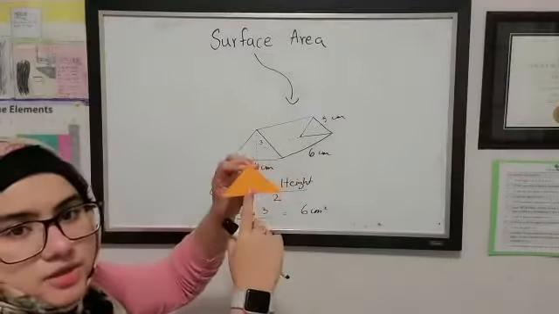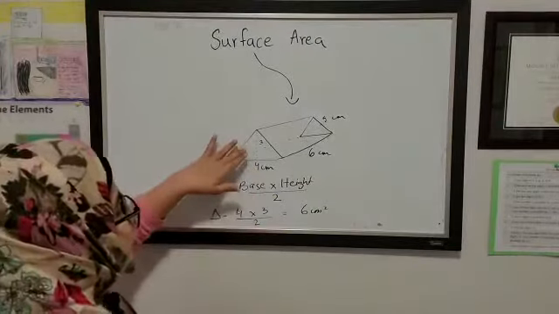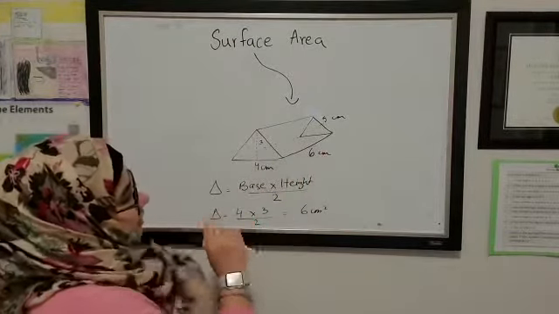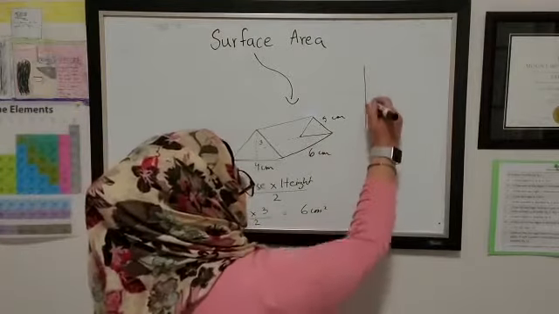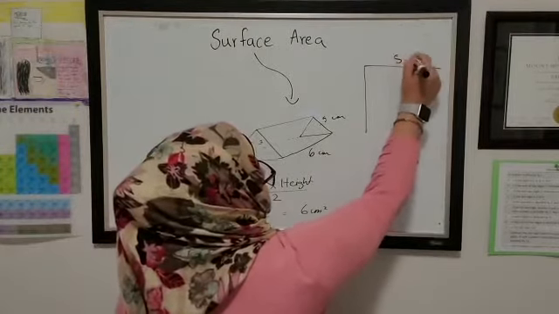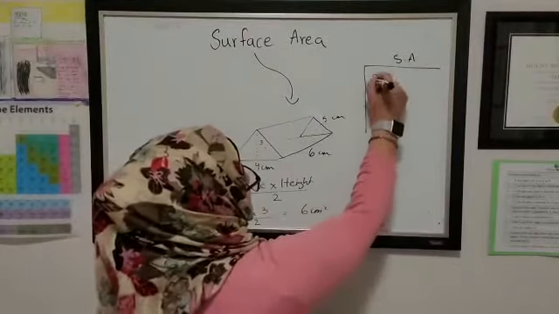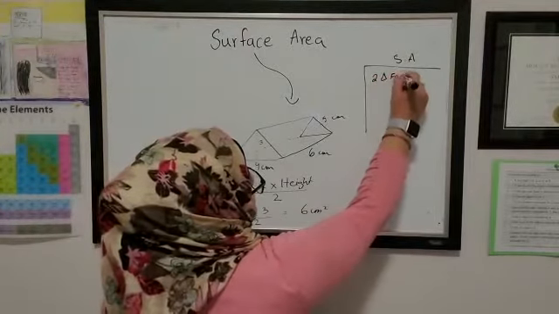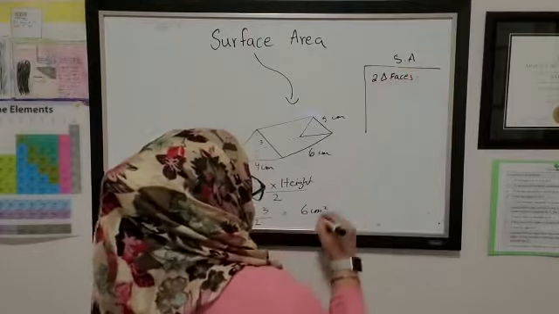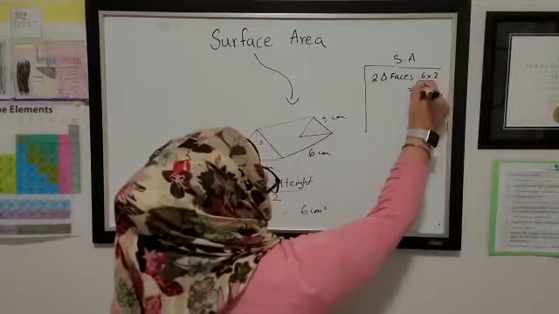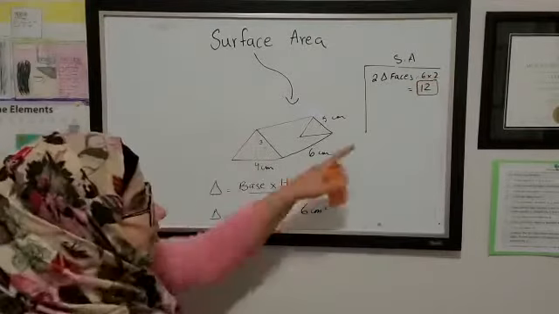Since we have 2 similar triangular faces, we keep adding for the surface area. If the area of one face is 6, then 6 times 2 equals 12. So the area of the 2 faces is 12.